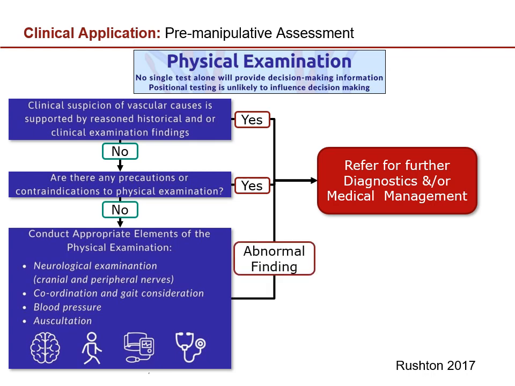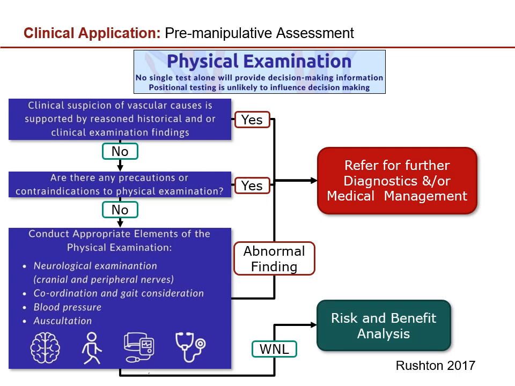If you should find abnormal findings there that are otherwise concerning, determining whether the individual needs to seek medical management right away or it's okay to continue to treat and then simultaneously refer out. And if things are relatively within normal limits, then you would move on to the risk and benefit analysis of whether this individual would be appropriate for manual therapy or actual manipulative therapy.